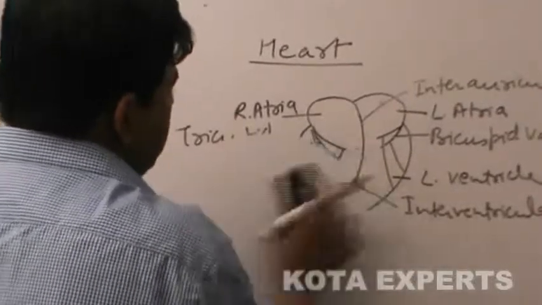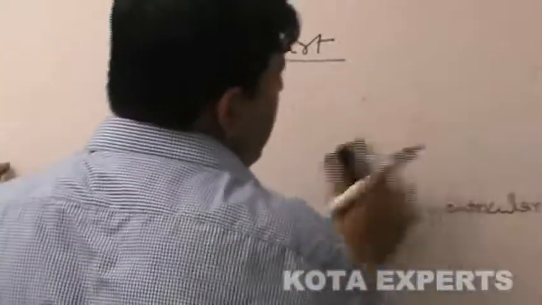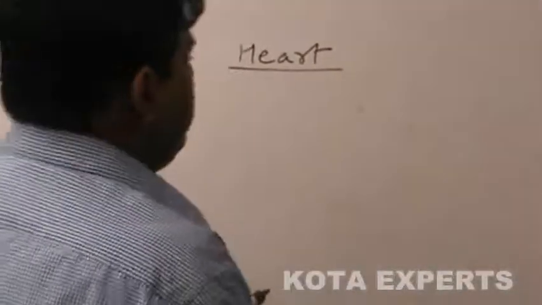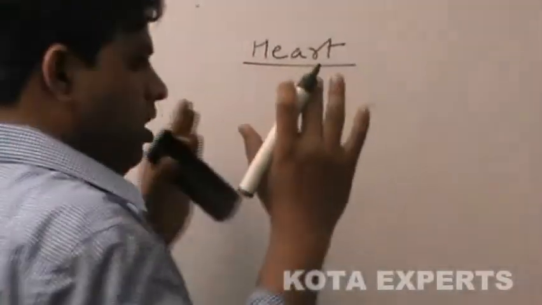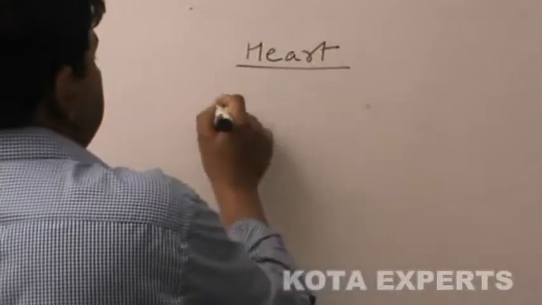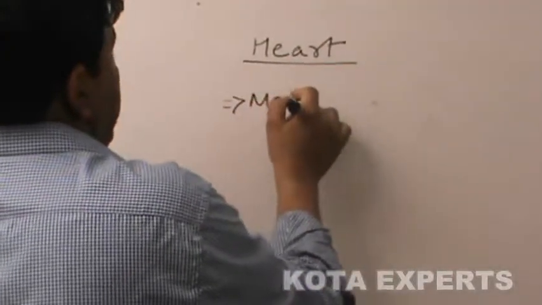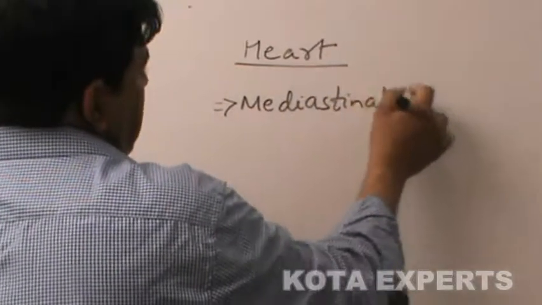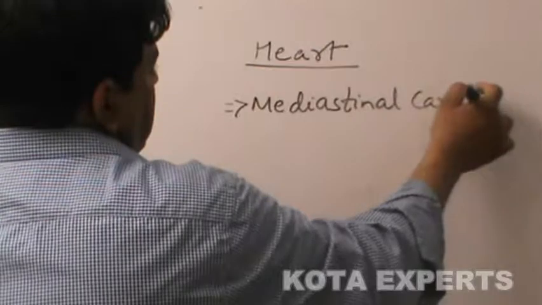Now, this mammalian heart, in the case of humans, is present in the space between the lungs, known as the mediastinal cavity.